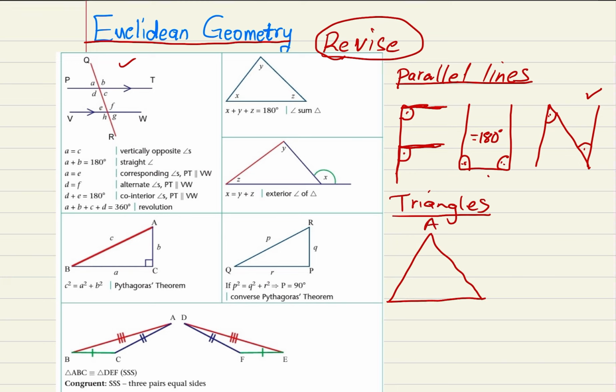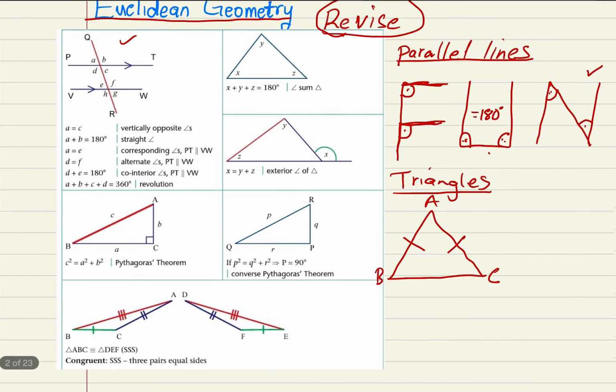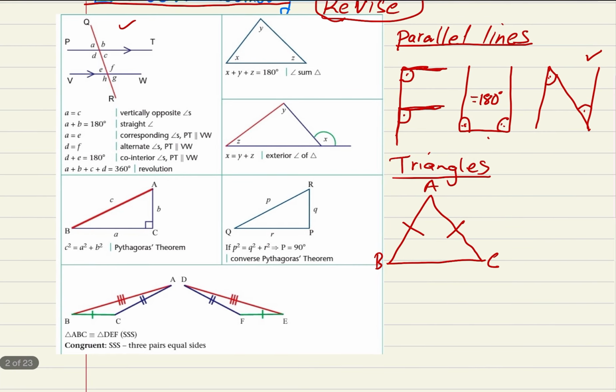This is A, this is B, and this is C. This says this line and this line are equal. This triangle is called an isosceles triangle. An isosceles triangle is known that angle B is equal to angle C.